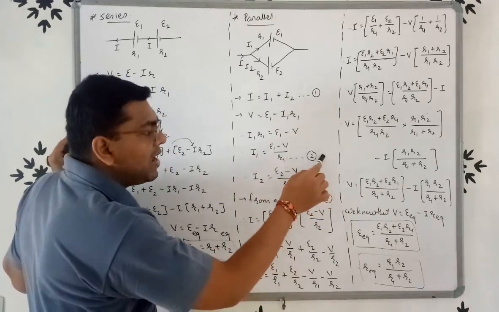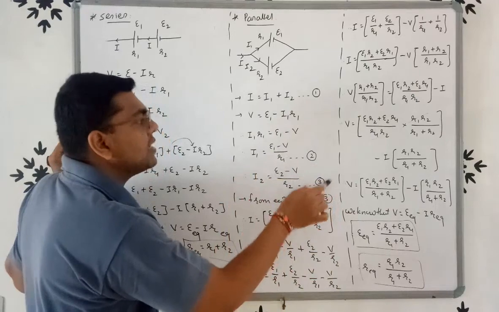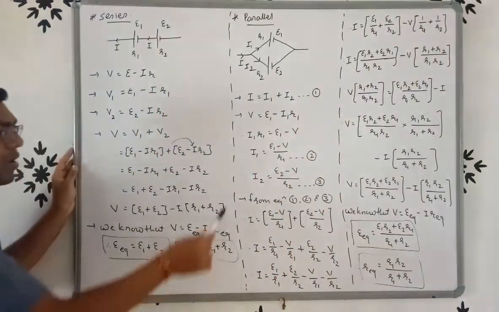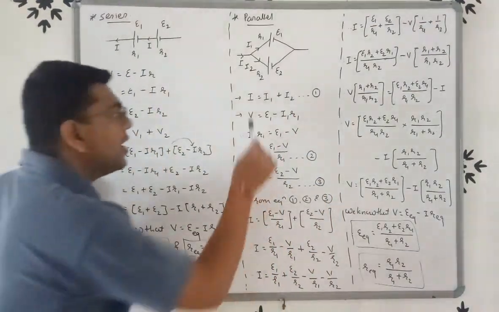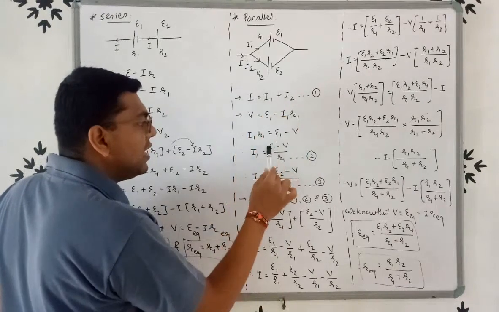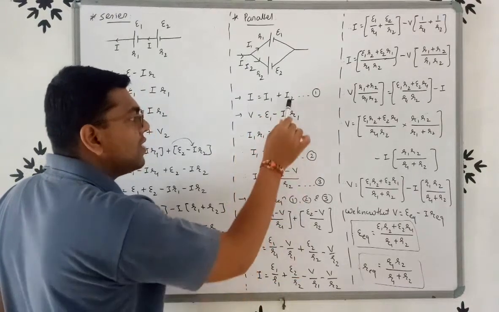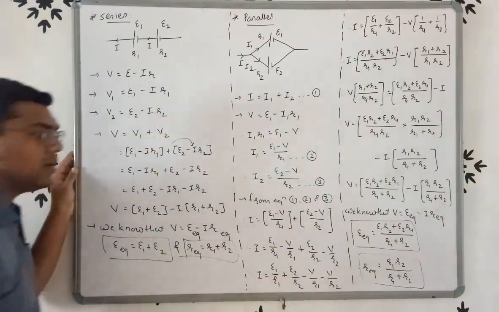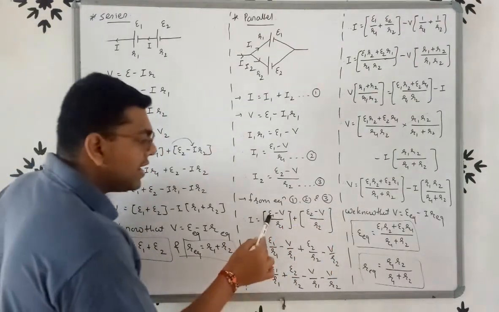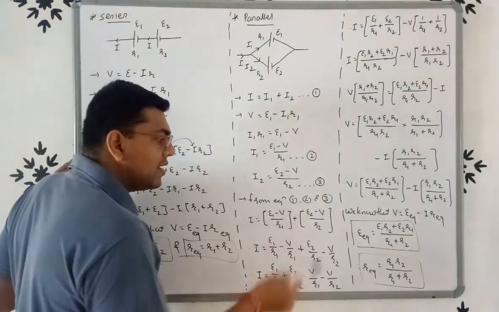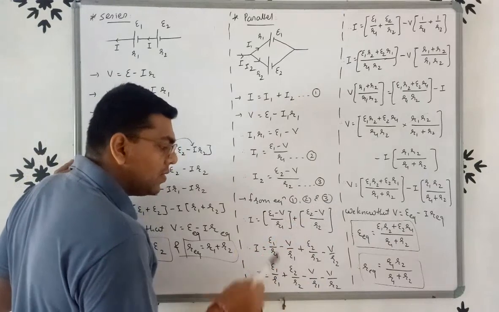So we put the value of equation 2 and equation 3 in equation 1. So from equations 1, 2 and 3, I as it is, the value of I1 is E1 minus V upon R1 plus the value of I2, E2 minus V by R2.